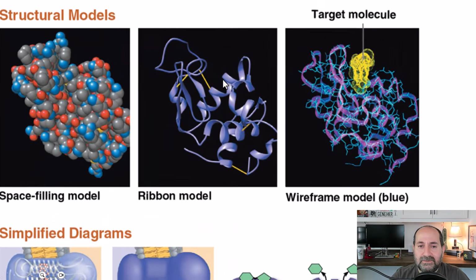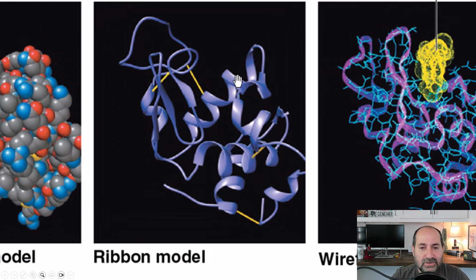So again, the secondary structure were all these little alpha helices and beta sheets, but do you see how they're all kind of coming together to form this three-dimensional structure? Well, that's the tertiary structure of the protein, and that's such an important structure. I have a saying, it's that if a protein does not fold correctly, it won't function correctly, right?